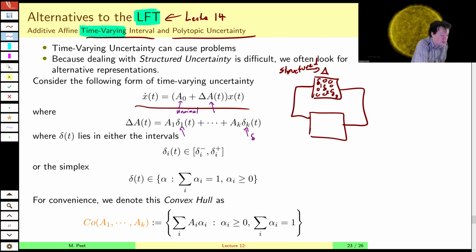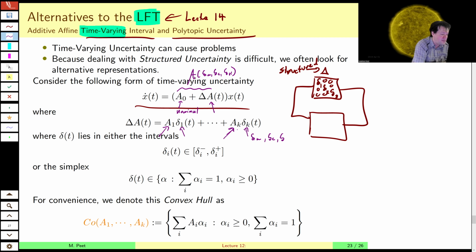These may be those delta m's and delta c's, and delta k's, for example, where we have a model for how those parameters fit into the overall system matrix. So this is A of delta m, delta c, delta k, and so forth. Notice it has to be linear.